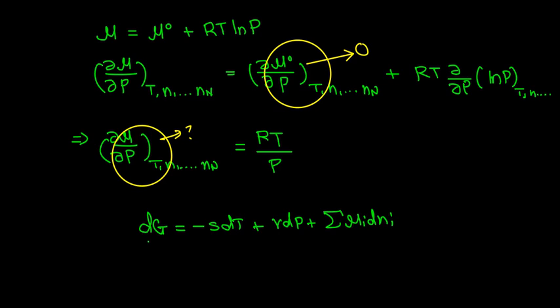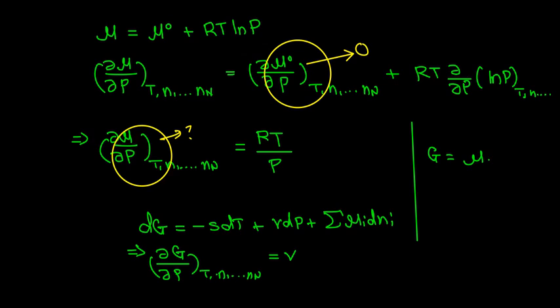I can simply use this expression and get del G by del P at constant T, N1 and capital N equals V. But for a pure liquid, what you have is G is simply mu times n.